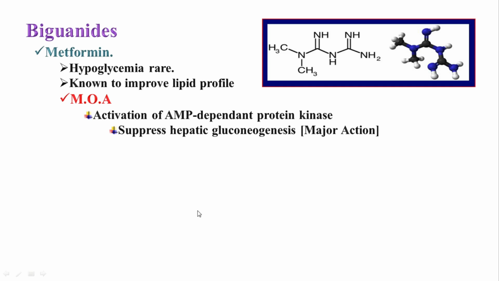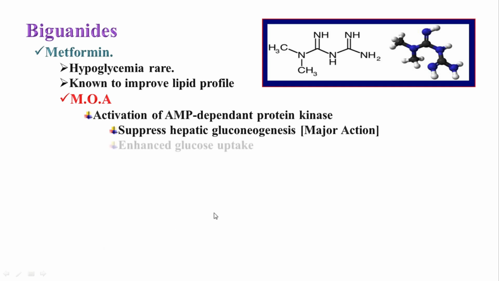First and foremost, they suppress hepatic gluconeogenesis. Remember, we already know this. The glucose level in the blood is maintained by hepatic gluconeogenesis and glucose output from the liver. If you suppress hepatic gluconeogenesis, the glucose coming from the liver decreases and the blood sugar level will fall in case of a diabetic.